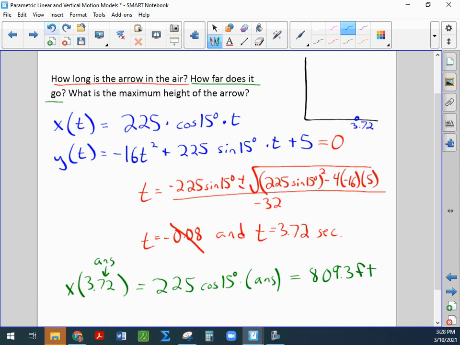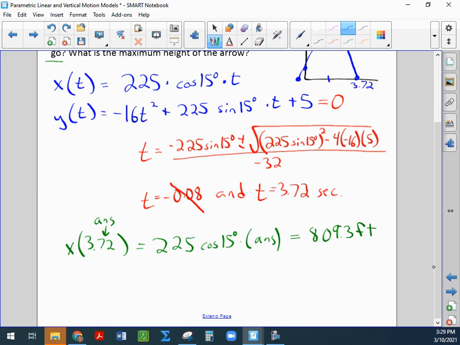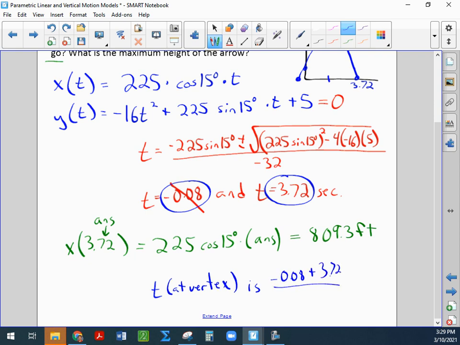But if I start up in the air, like 5 feet in the air, then my center is going to be halfway between this other number that I don't know and 3.72. Now I could use this negative 0.08 and 3.72. I could use both of those values. So t at the vertex is going to be negative 0.08 plus 3.72 divided by 2.